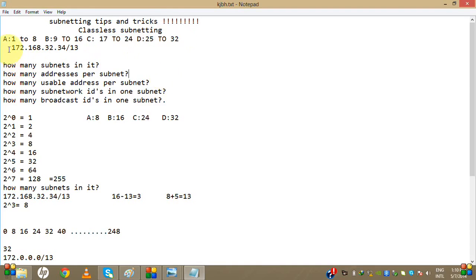As I know, the address here is 172 and it is a class B address, so I have to use the value from this range. I have to use 13, which is between 9 and 16.